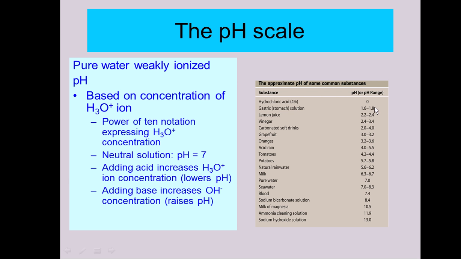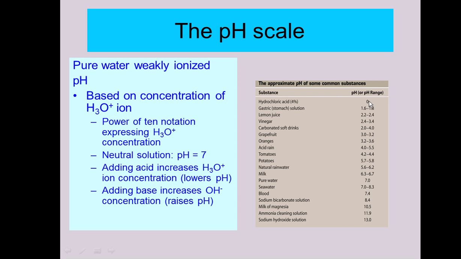It's quite a strong acid, and the acid in our stomach helps in digestion. Vinegar 2.4 to 3.4. Then the carbonated soft drinks we drink all the time, 2 to 4. Then oranges 3.2 to 3.6. Tomatoes 4.2 to 4.4.